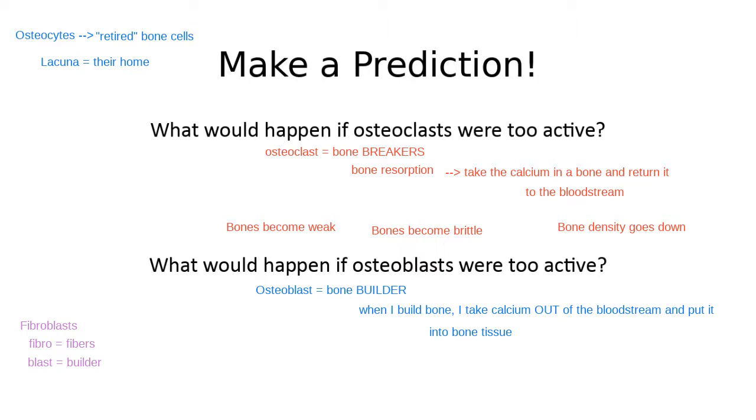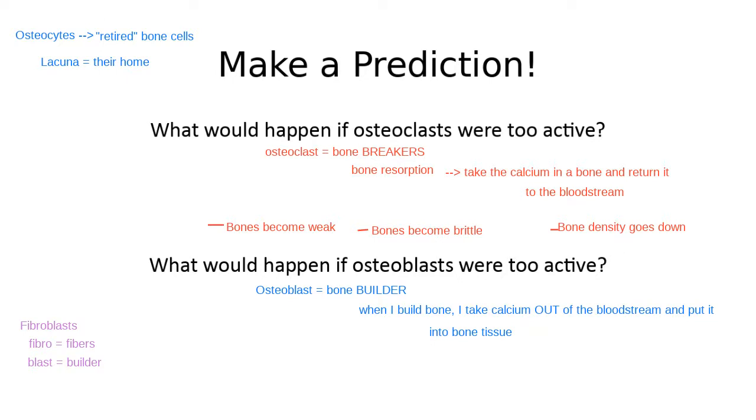So when we're talking about the kinds of things that would happen in your body if my osteoclasts are too active, it really at its core starts with this. My bone density is going to go down. Bone density, again, that's the amount of bone tissue that you have.